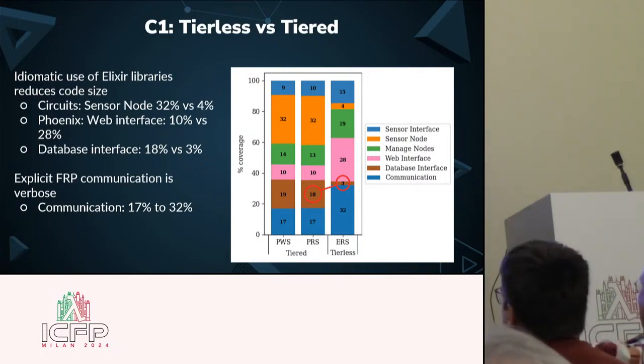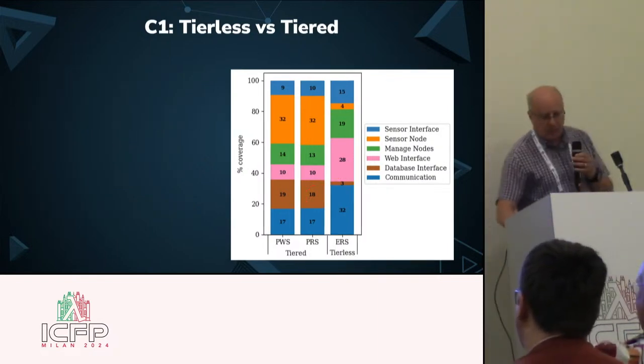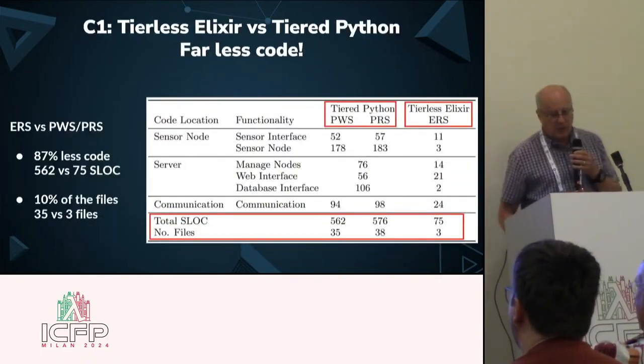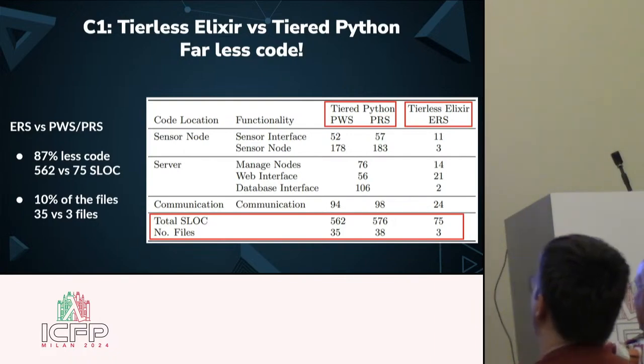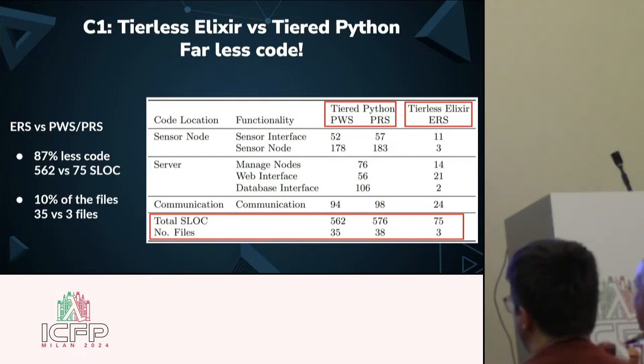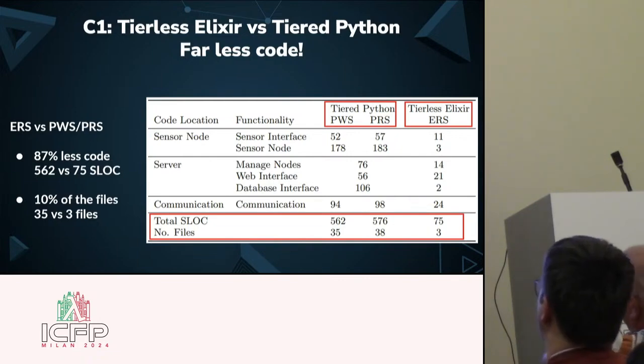You can look at the absolute number of lines, but it's a bit harder to digest. So here are the absolute numbers of code. So the communication code is almost identical here, but as a proportion of 75 lines of code, that's a lot.